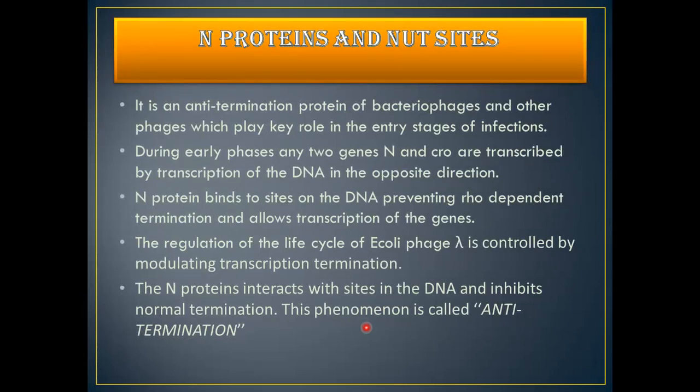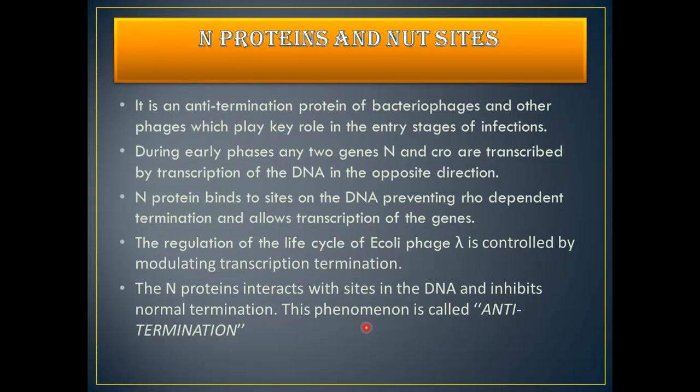N protein and nut site. This antitermination takes place in N protein or at the nut site. The antitermination activity of protein N is highly specific, but the antitermination event is not determined by the terminators, that is TL1 and TR1. The recognition site needed for antitermination lies upstream in the transcription unit.